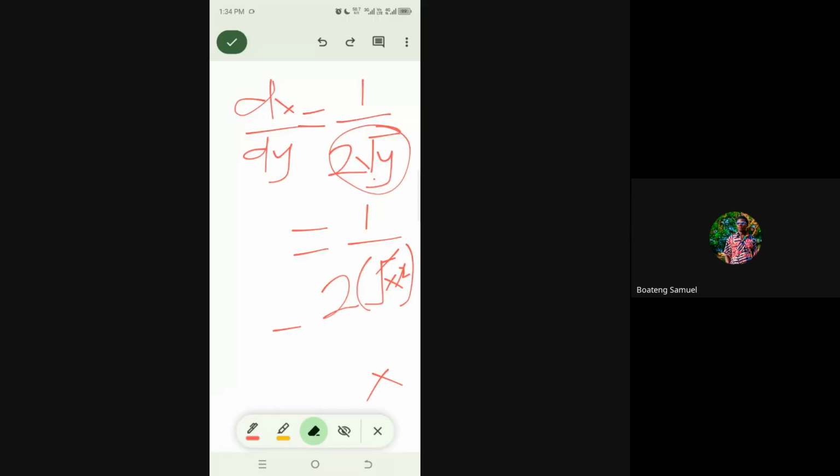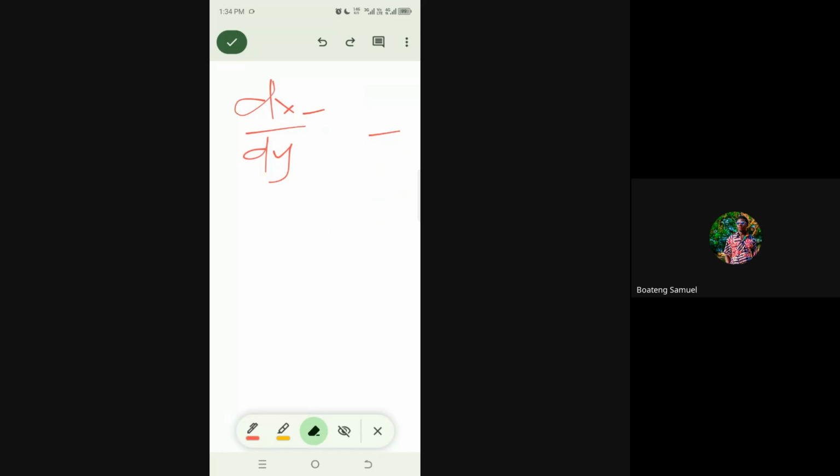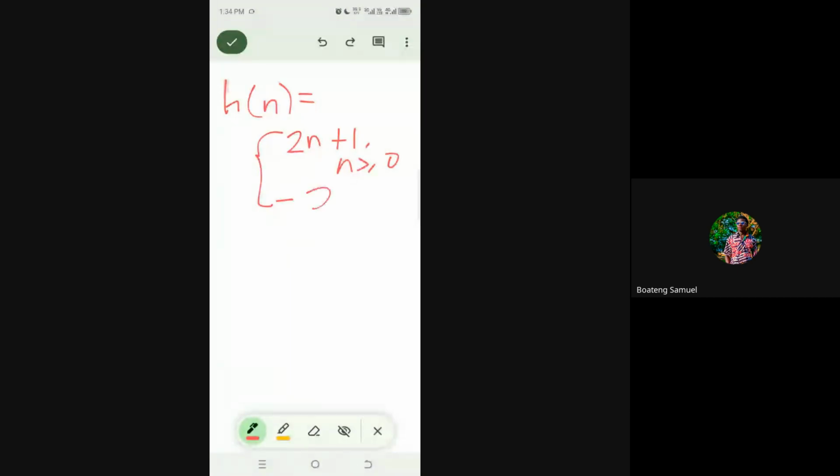So we have a piecewise function: n plus 1 such that n is greater than or equal to 0, or negative 2n when n is less than 0.